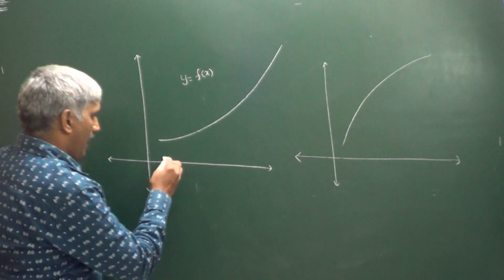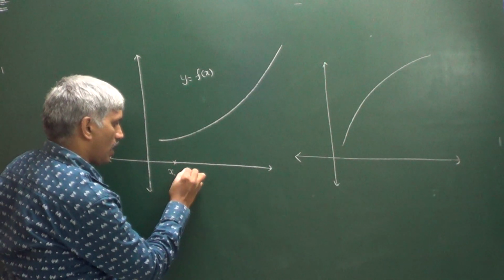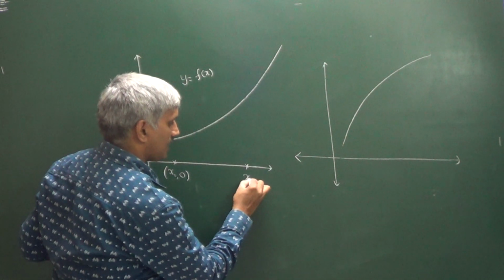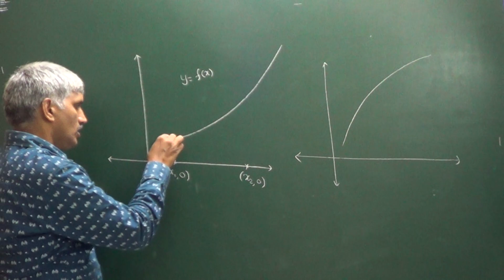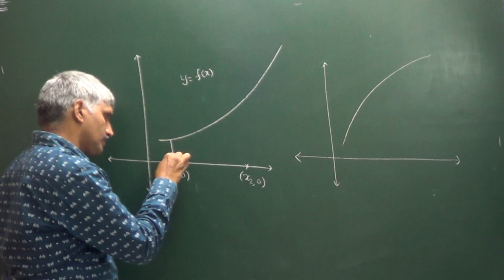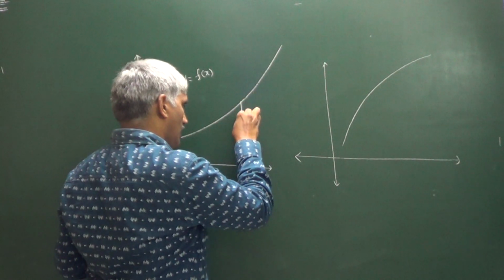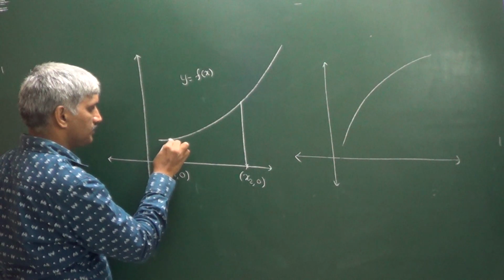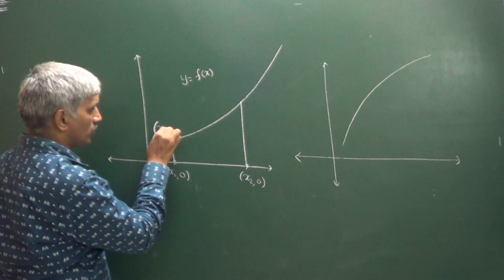Observe here. I am taking a point here as (x1, 0), a point on the x-axis, and here I am taking another point (x2, 0), also a point on the x-axis. Now this is a line, and here also I am drawing another line. Can anyone say what about this point? No doubt this point's x coordinate is x1 only.